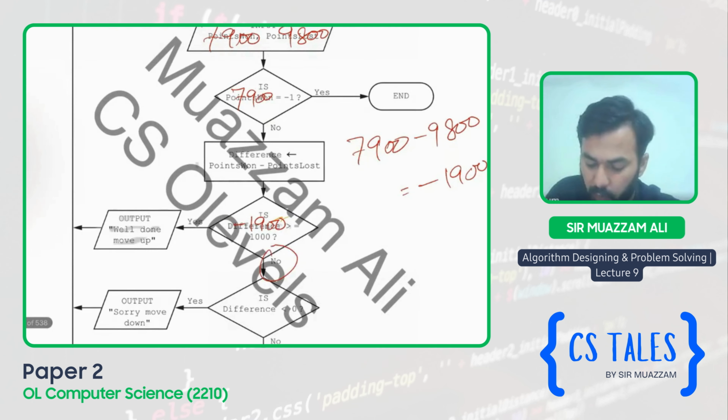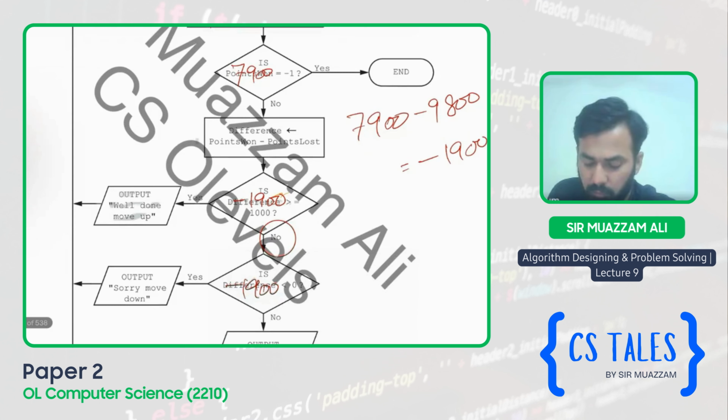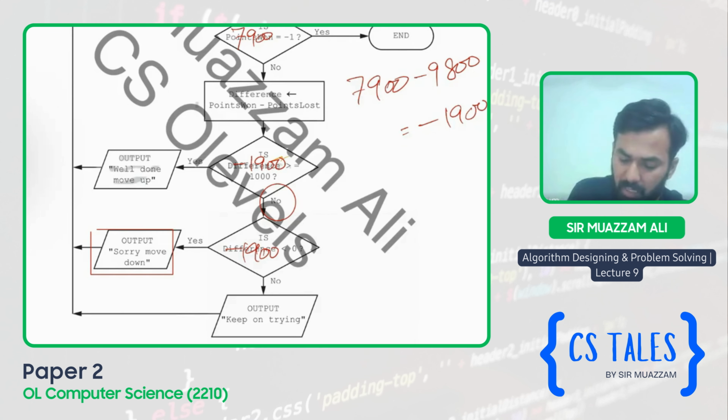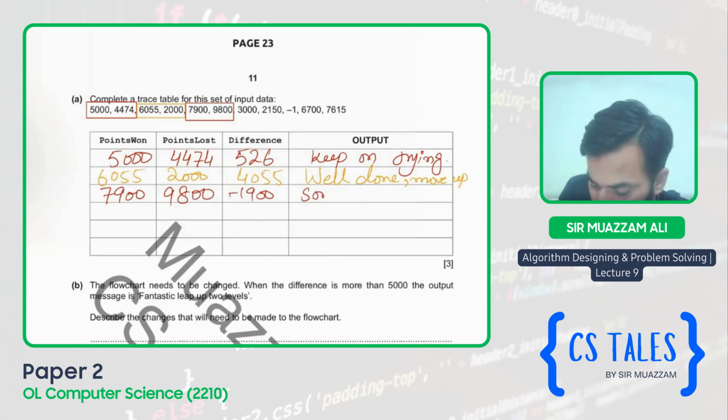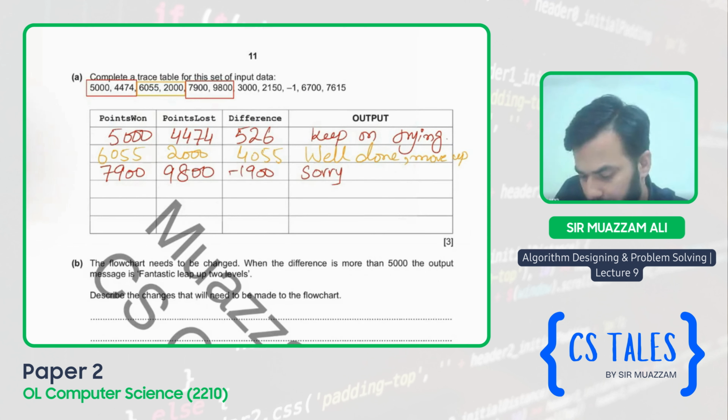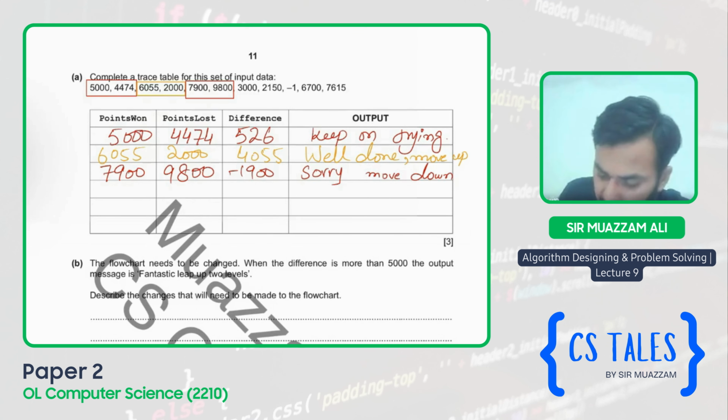No. So we check whether the difference, minus 1,900, is less than 0. Yes. So the output is move down. Okay.